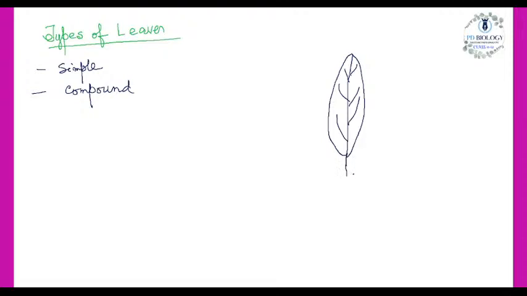So that is the simple leaf, and if the incisions are there, the incision is not so deep that it goes into the midrib. So these incisions do not go into the midrib. That is also an example of a simple leaf.